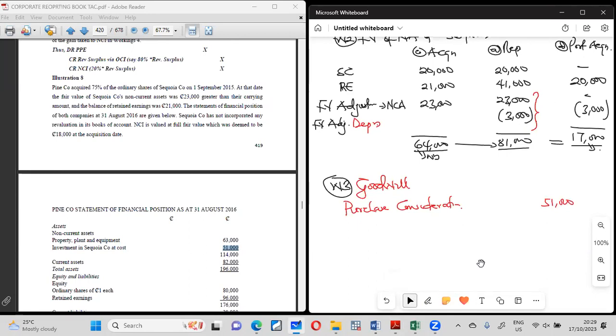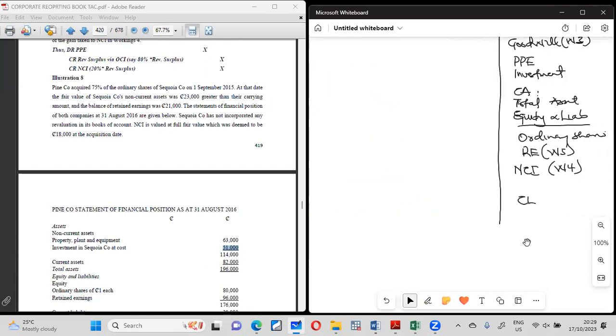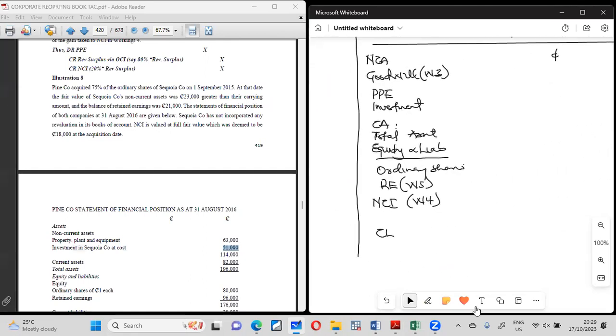All right. So immediately you go to your balance sheet, investment. You will do what was there before. It was 51,000 before, and that is what they used to buy that subsidiary. So you've seen it in your purchase consideration.